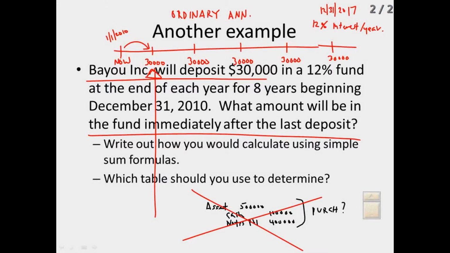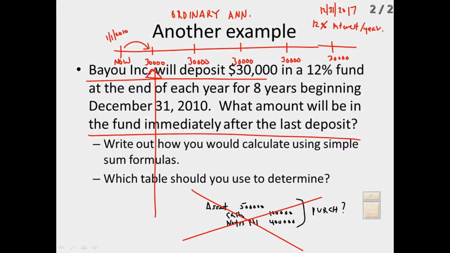In this case, it's only 7 years of compounding, because technically I'm asking what it's worth before it only has a chance to include 7 years of interest. But what do I do when I have an annuity? Well, now I have this earning 7 years of interest, this earning 6 years of interest, this earning 5, and so on and so forth. So now it's a little bit harder.